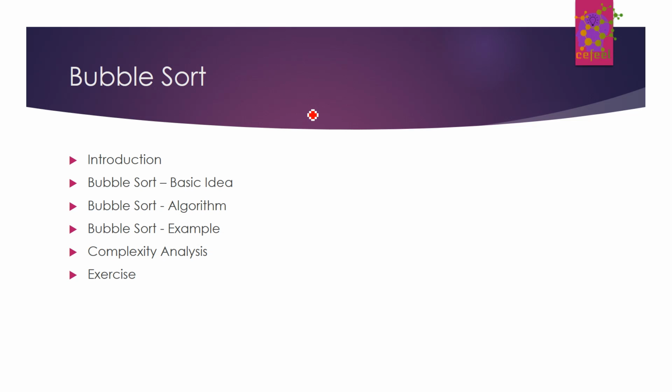Then we will apply it to an example, and discuss step by step in great detail. After that we will see the performance of bubble sort, what the complexity analysis is, and how it performs under worst case, best case, and average case. And finally, as always, we will end with a short exercise for bubble sort for you to try out.